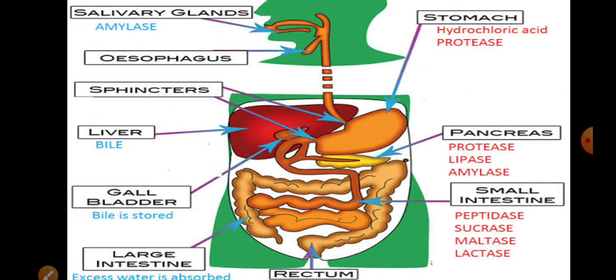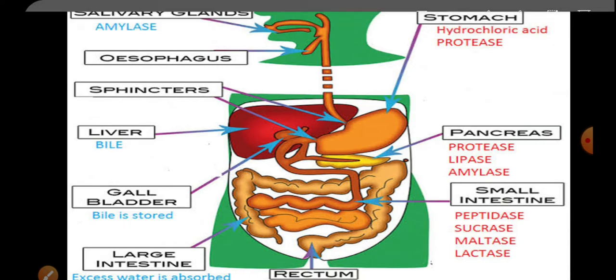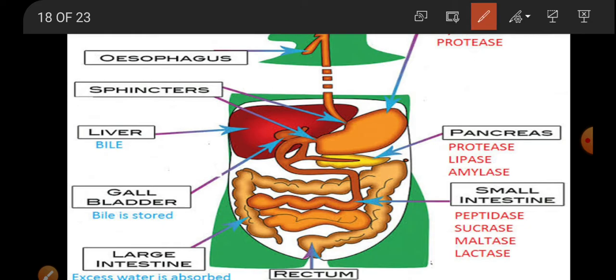Like this, if you will see here, you can identify that the small intestine is releasing some of the enzymes like peptidases, sucrase, maltase and lactase. So your peptidases are acting on the proteins, on the peptides. Already peptides are present in the stomach region itself, they are acting on the peptides and breaking them into smaller parts, amino acids.